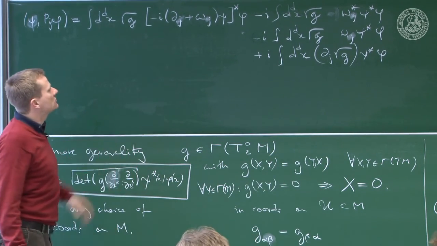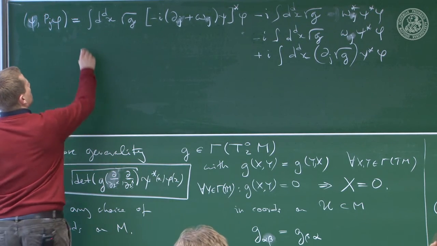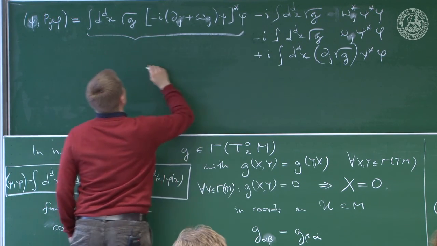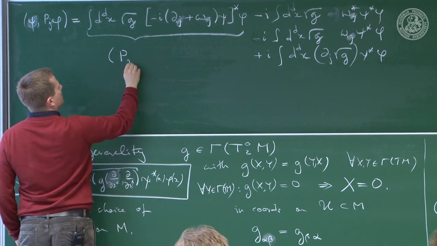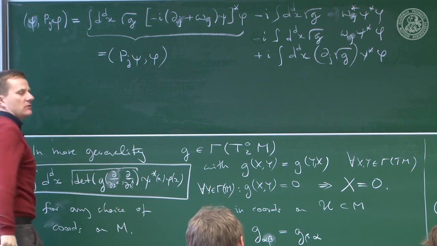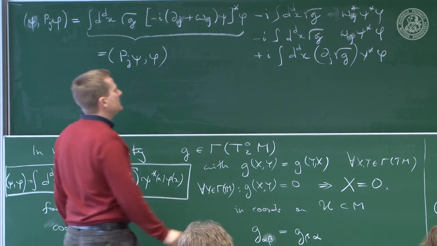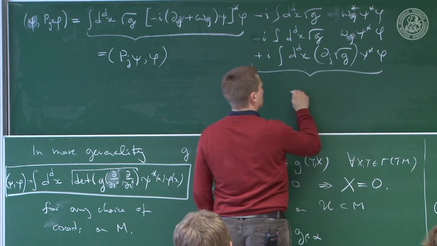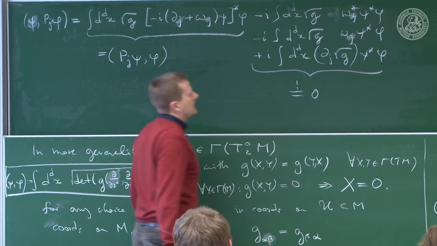Aha. So what do we conclude now? We know that this guy here is P_j psi comma phi. So this is precisely what we want. So all these terms ought to cancel.